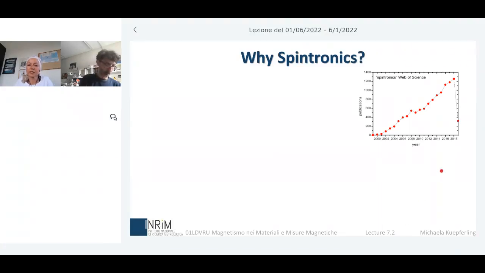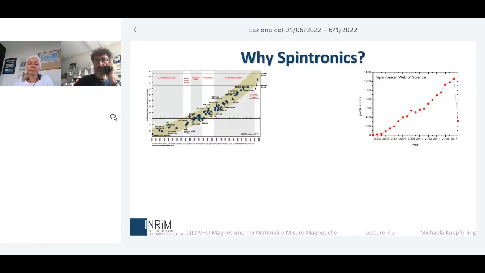So this is just to show you the publications per year when you search the web for the word spintronics. This word was invented around 2000, so at the beginning of this century. And you see there's a rapid increase in the last 20 years in publications on spintronics.